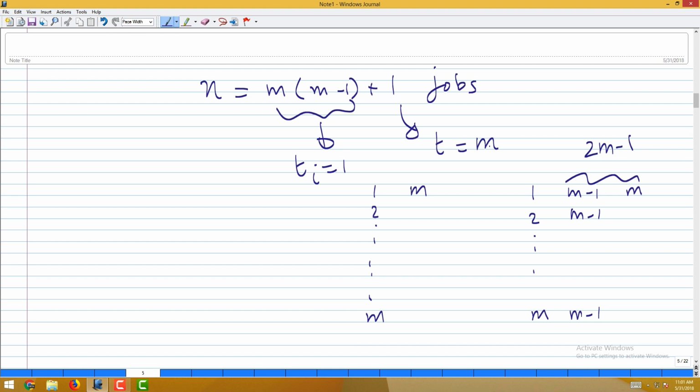After that, the remaining jobs get assigned to the other machines, so each of them will get m jobs, because m into m minus 1. What is the makespan here? m, whereas for greedy it is 2m. So, the ratio is 2. Greedy's approximation ratio can be as bad as twice the optimum.